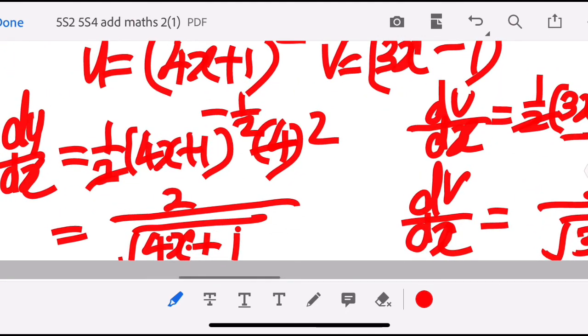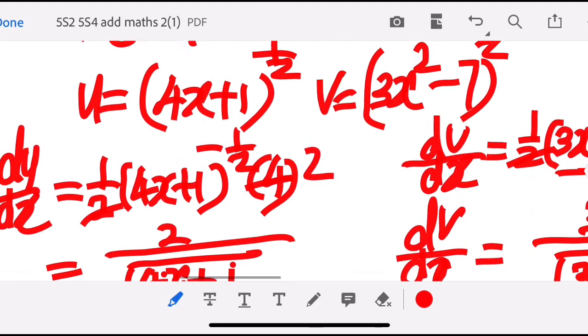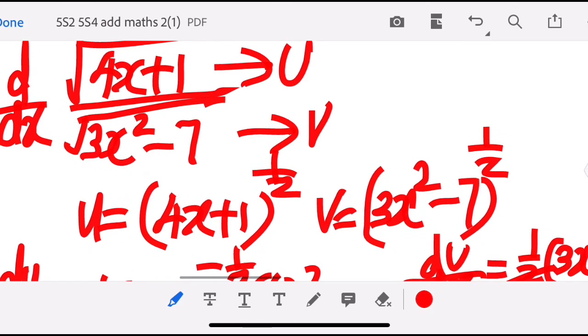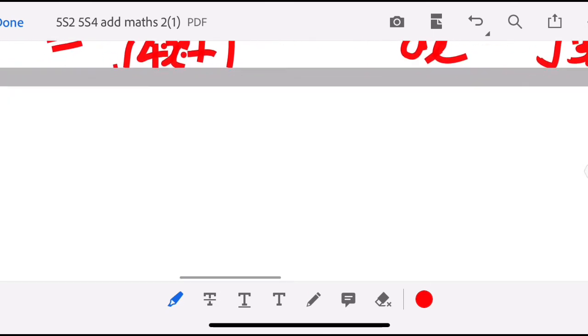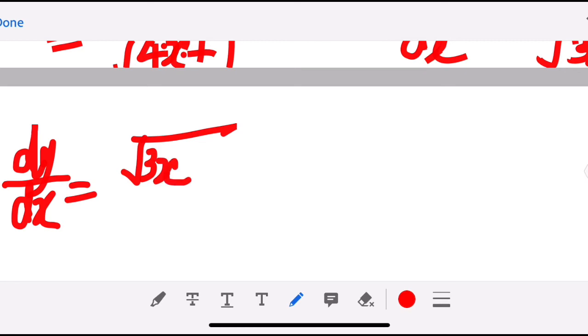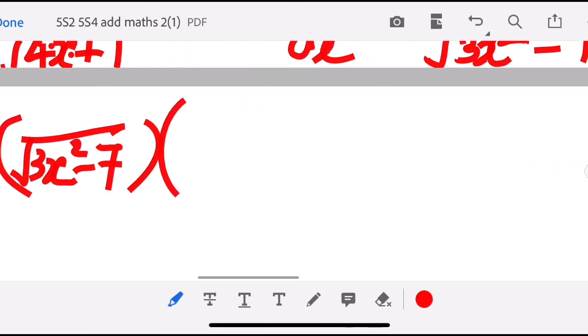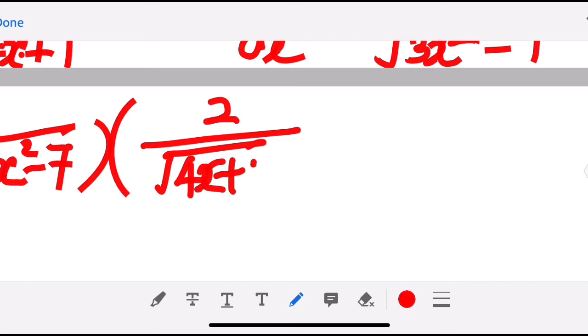It's actually v times du/dx minus u times dv/dx, over v squared. Now let's see where our v is. Our v is the square root of 3x squared minus 7. So dy/dx is the square root of 3x squared minus 7, which is v, times du/dx, which is 2 over the square root of 4x plus 1.